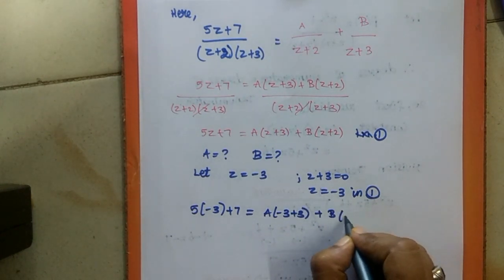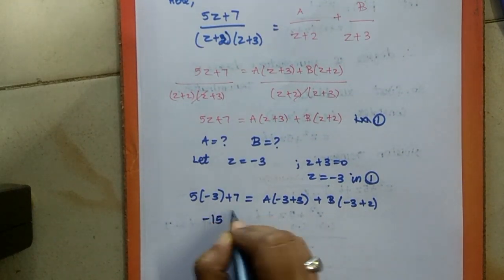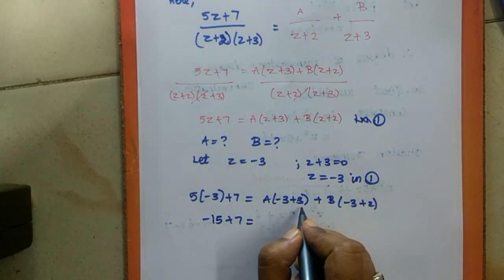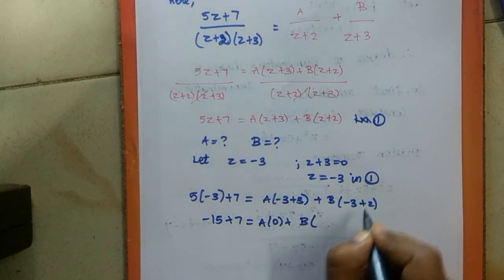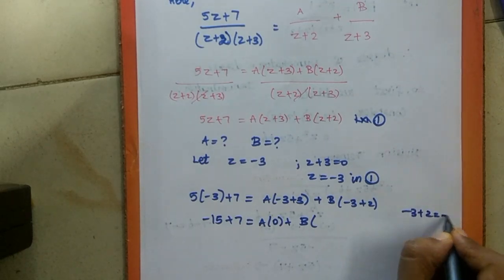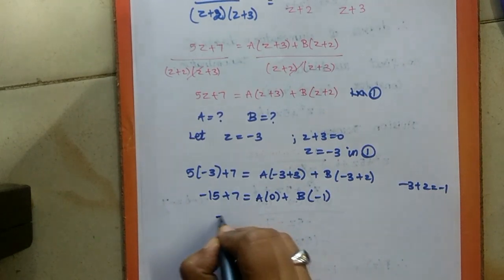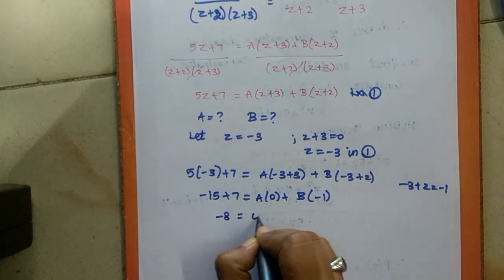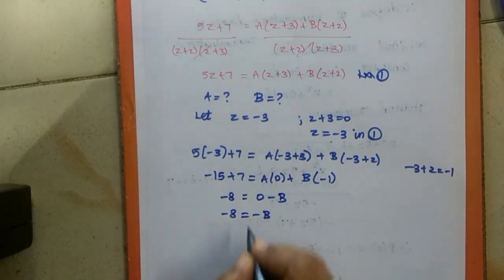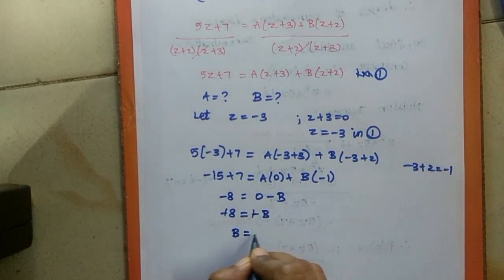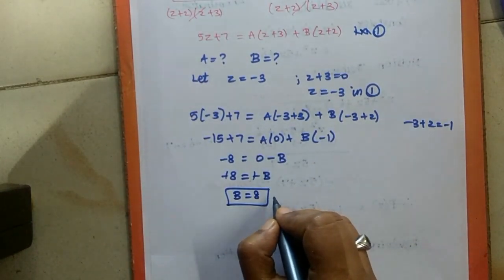Instead of z, we substitute the values of z, so that 5 3s are 15, plus 7 equal to a into minus 3 plus 3, which comes 0. A of 0 is 0. Minus 3 plus 2 is minus 1. So I put here minus 1. Then solve this, minus 8 we get. A of 0 is 0. Minus b. Minus 8 equal to minus b. Cancel minus on both sides. B equal to minus 8. The value of b is equal to 8.